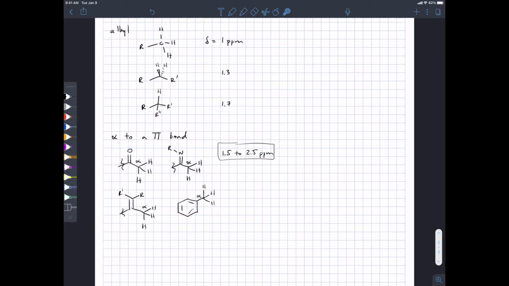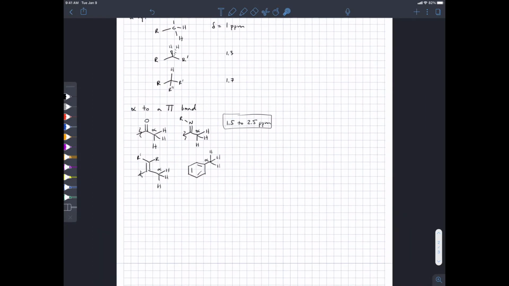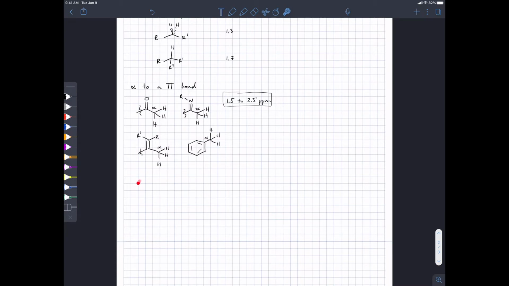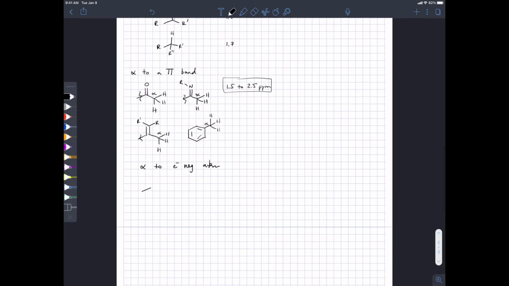So some functional group pattern recognition is useful here. Another very useful region of the spectrum, as we just talked about, is if you're alpha to an electronegative atom. So classic examples of this would include being alpha to an OH group or to an amino group.